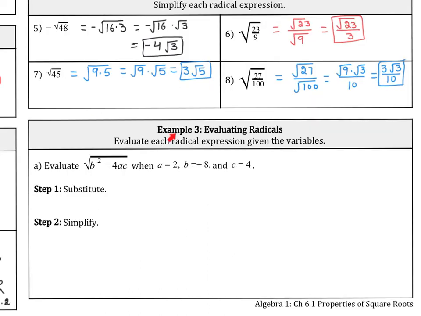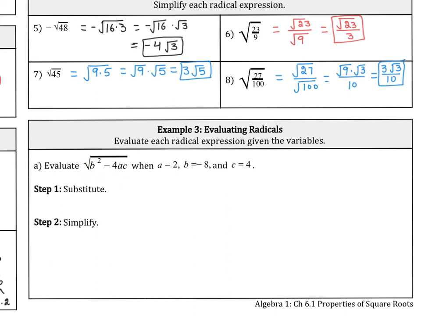Next we are discussing example number 3, evaluating radicals. When A, B, and C are given, we are going to plug the values inside the radical symbol.